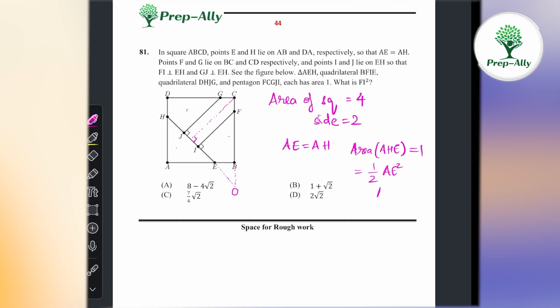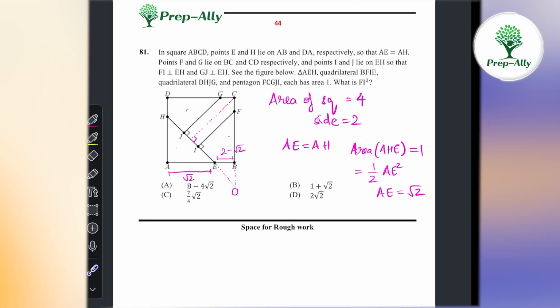So AE equals root 2, right? So this length here is root 2, this length here is 2 minus root 2, right? And what else can we find?